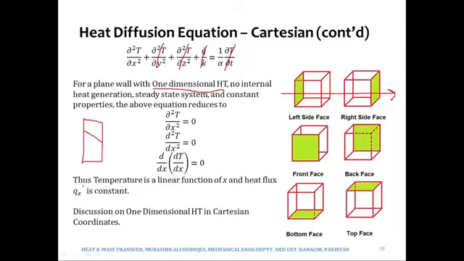So one dimensional heat transfer is not an assumption; rather it is a condition that the system has. If the system is such that heat is transferred from the front face to the back face, it means heat is transferred in y direction, and temperature differences occur only in y direction and not in x or z. So one dimensional heat transfer is not really an assumption, rather it is the condition which the system is facing.